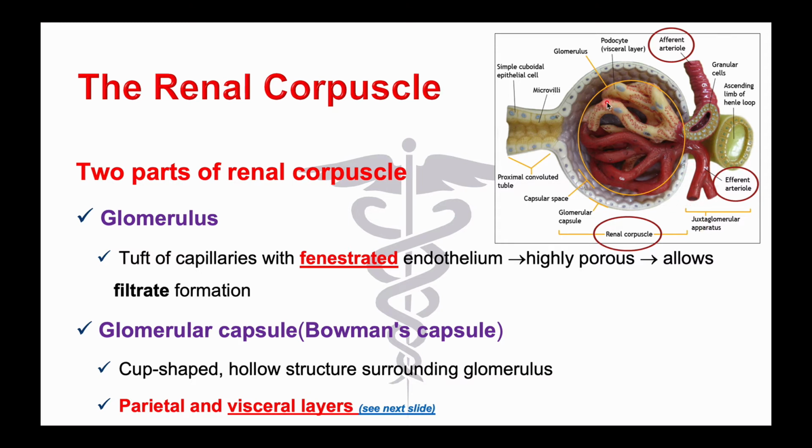Now, this is the place where the first stage of urine formation takes place. There are three stages I told you: simple filtration, selective reabsorption, and excretion or secretion. So the simple filtration step is taking place here. These glomeruli are tufts of capillaries with fenestrated endothelium, highly porous, which allows filtrate formation.